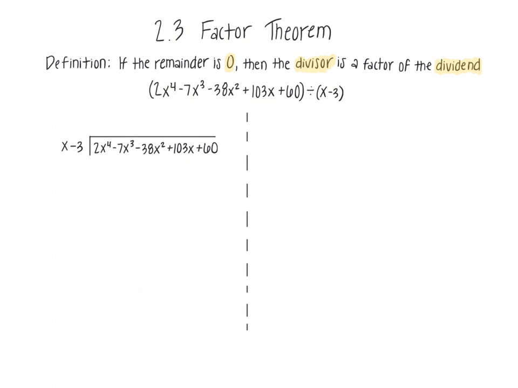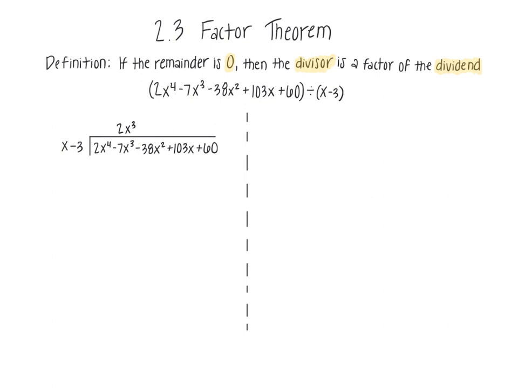I've gone ahead and set up my page for long division. I've placed the dividend under the house and the divisor outside the house. And now I have to start by making sure that my first term x matches my first term 2x^4. So I've got to multiply by 2, and I've also got to multiply by x^3. So I'm going to put that up here, 2x^3.